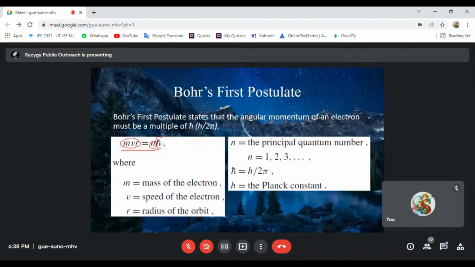Actually, n is the principal quantum number, the nth shell of an atom. So this is Bohr's first postulate. You must remember this equation because we will need it later on.